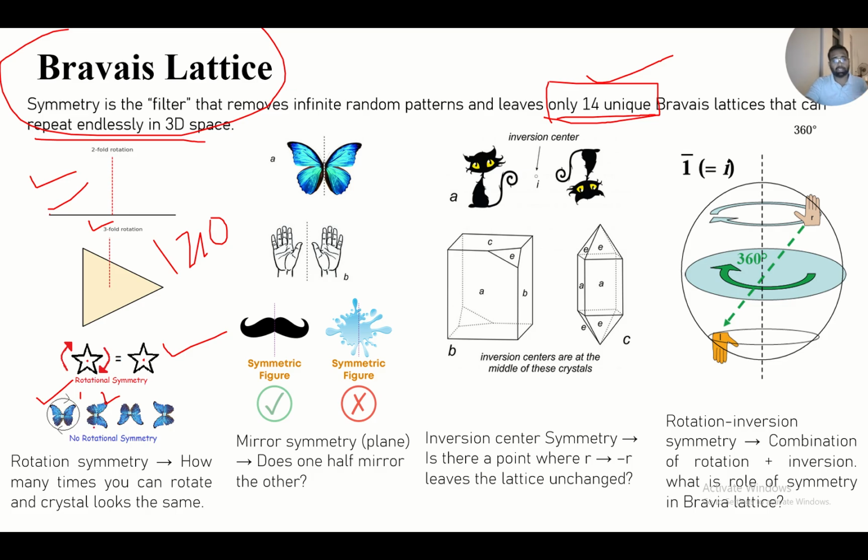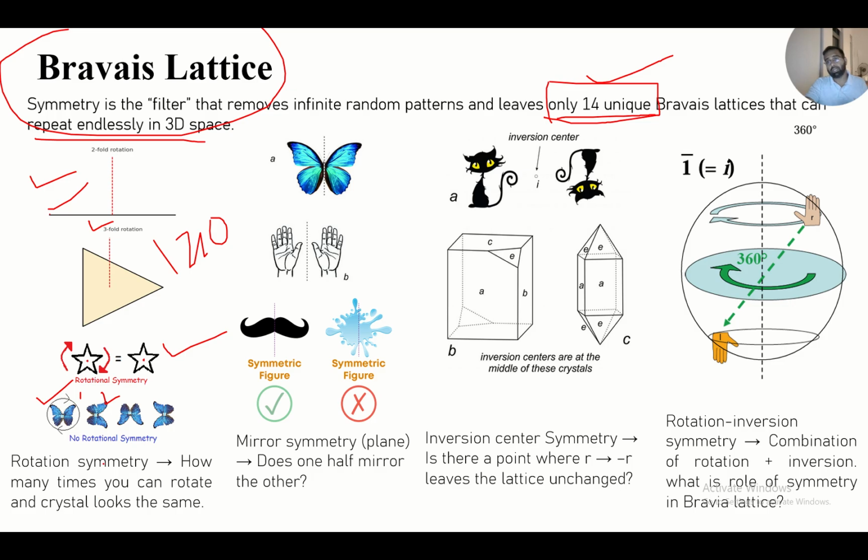You will say it's tilted by 90 degrees, but it's not the same. But here, if you rotate by 120 degrees, you will find it the same. And then you rotate it by 180, the orientation changed. But in this case, the orientation is always the same. So it's called rotational symmetry.